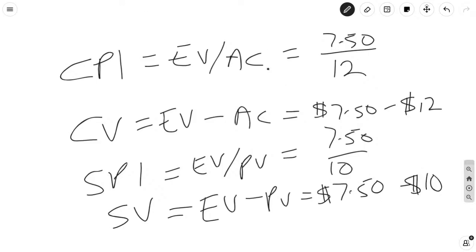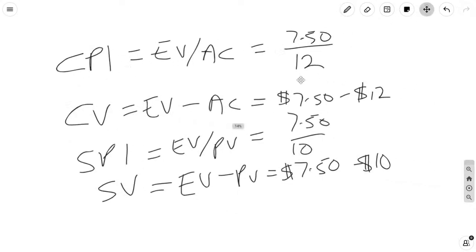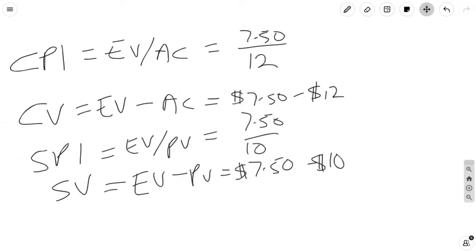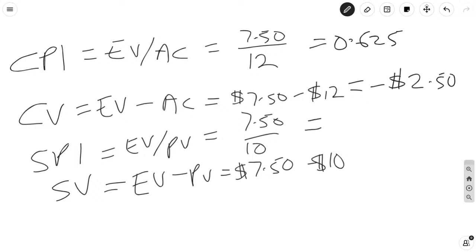Okay? When all is said and done, we use our trusty calculator here. We're going to say 750 divided by 12, and that gives us, for this one, 0.625. For this one, we get a negative 250. For this one, we get a 0.75.